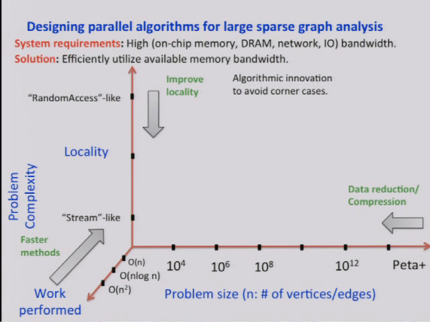So really, you want to try to improve locality by pushing this down. You want to compress the data because we've seen how much effect the data size has in terms of the performance rate. And you will try to discover faster and faster methods in terms of minimizing the work. So that's really the whole research zoo in this area.